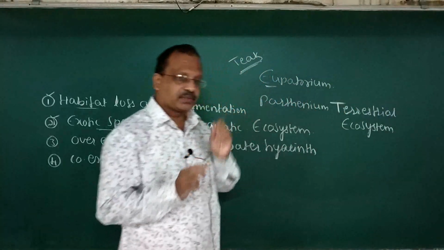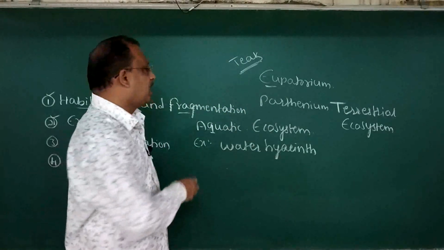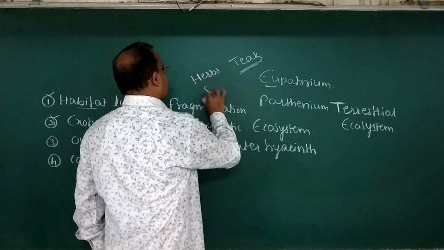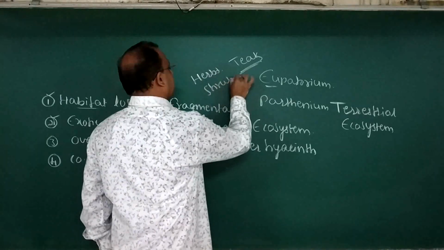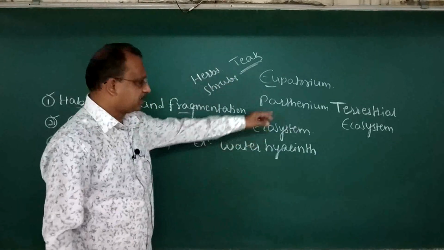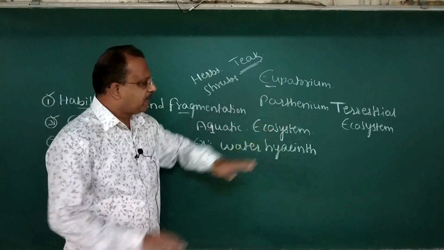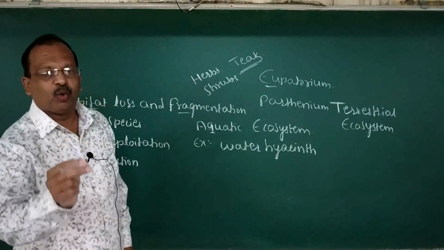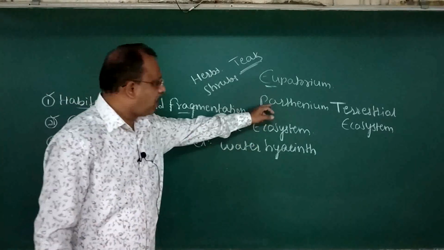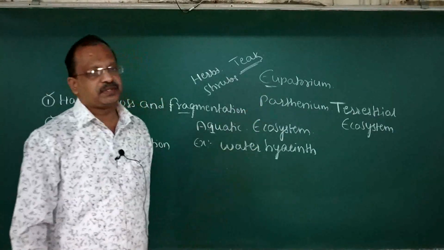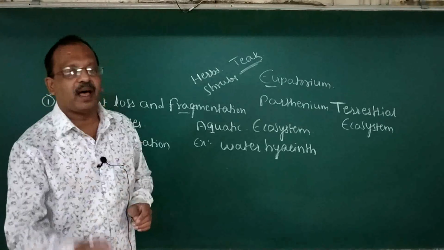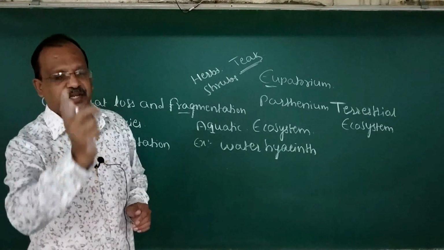It has reduced many herbs and shrubs in the open areas. Parthenium is an exotic or alien species which has entered India along with the wheat.